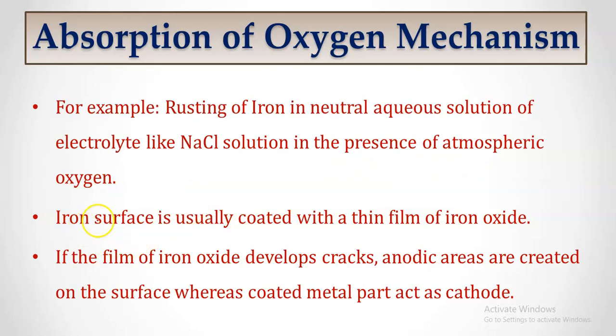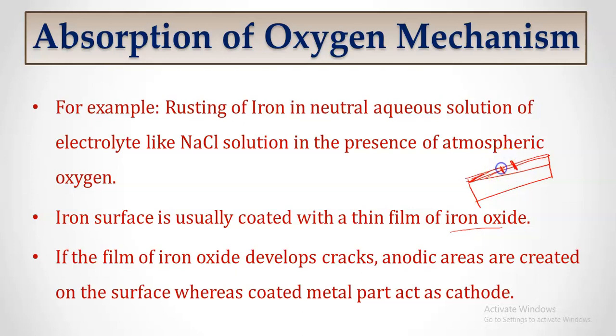Now you know that when any iron surface or iron sheet undergoes corrosion, rust is formed on the surface of the iron. The iron surface is usually coated with a thin film of iron oxide, a metal oxide. If this film has a crack, by any means, an anodic area is created.